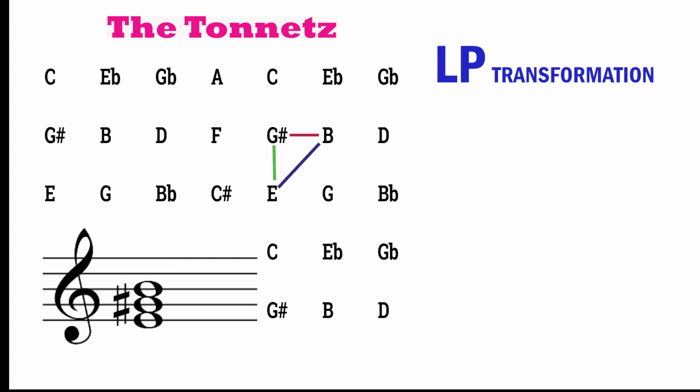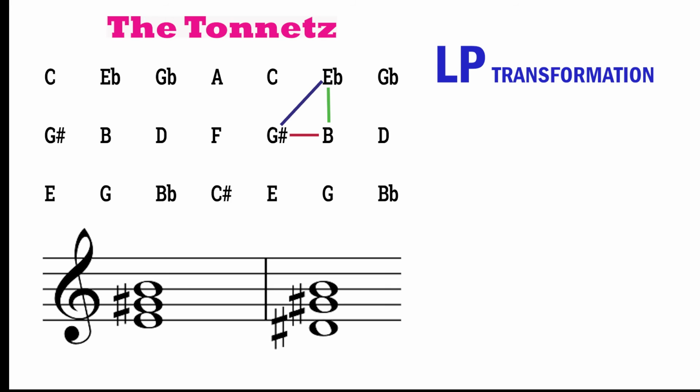Remember, the L transformation maintains the horizontal or red line, and the other lines move accordingly. So the L transformation takes us from E major to G sharp minor. Remember that E flat should be enharmonically reinterpreted as a D sharp. Now let's apply the P transformation. Remember, P transformations maintain the blue hypotenuse, and the other two lines move accordingly.